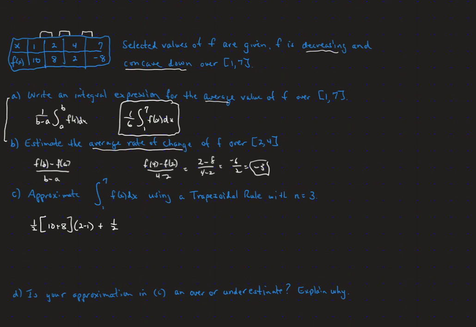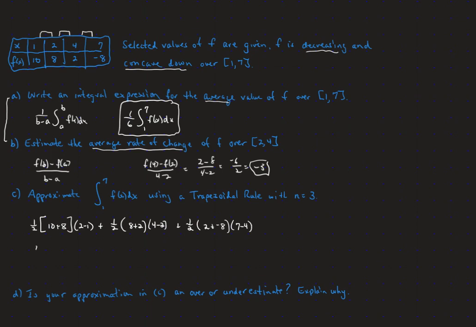Then the second trapezoid is going to be 1/2 times the sum of the 2 bases, 8 plus 2, and the delta x here is going to be 4 minus 2. And then the third trapezoid is going to be 1/2 the sum of the bases times the delta x, which is 7 minus 4.